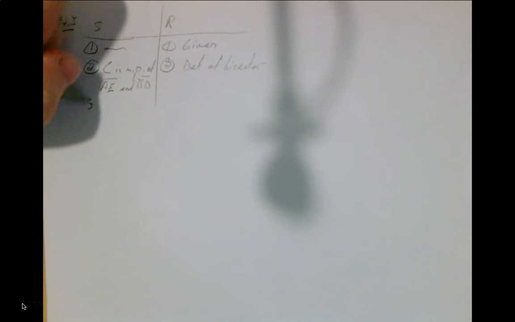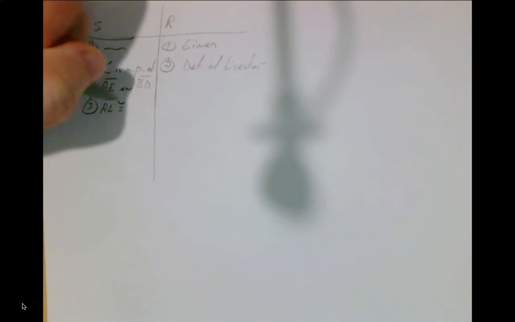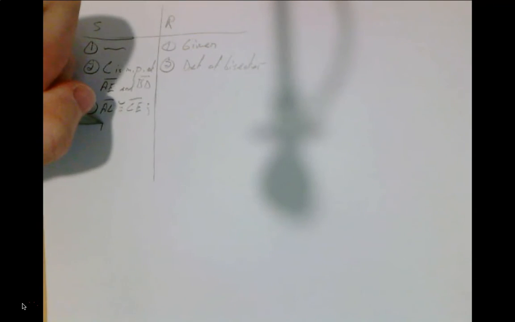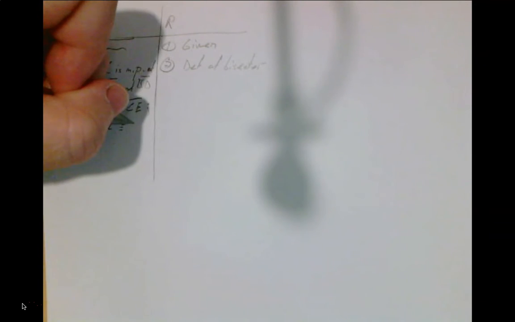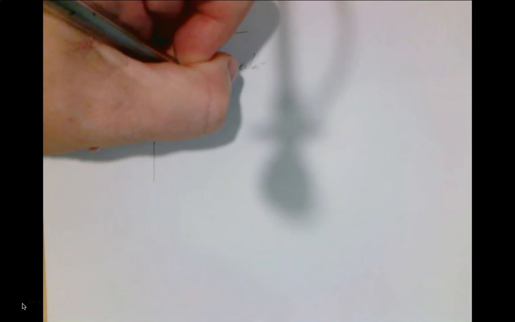And just like in example 2, now that I know that C is the midpoint, now I can say AC is congruent to CE and BC is congruent to CD. Definition of midpoint.